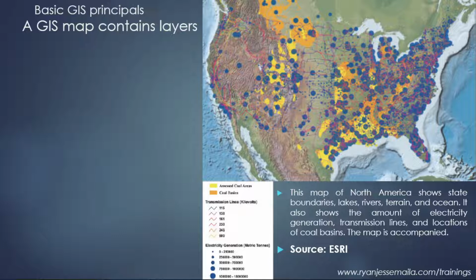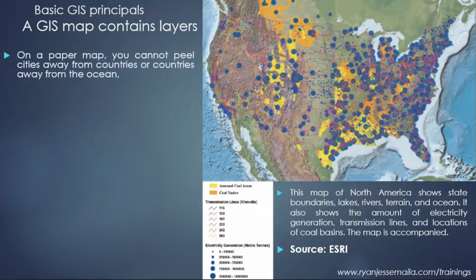It also shows the amount of electricity generation, transmission, and locations of core bases. This map is from Esri, and all the maps that I'll show here are from Esri. They're the ones who developed them. It's important to acknowledge and appreciate their efforts. They're the leaders of this profession of GIS.